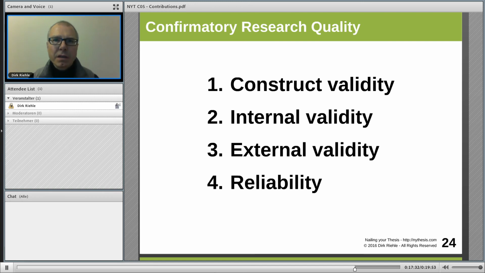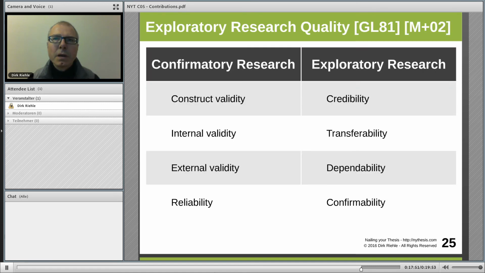Let me just say that the classic empirical quality criteria are construct validity, internal validity, and external validity, as well as reliability, and what that is we will discuss in the lectures on controlled experiments and related.